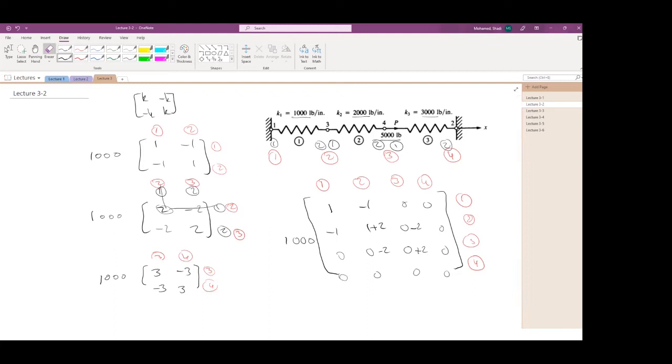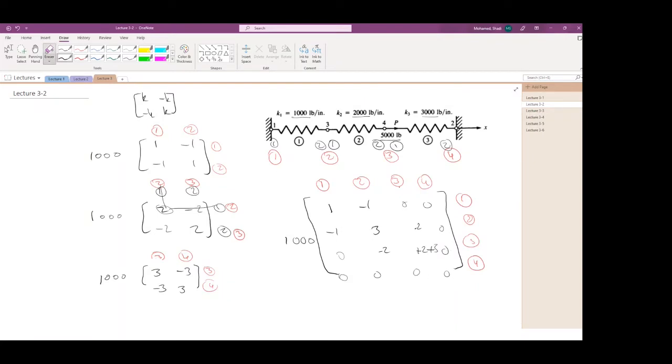So I'll just write them down. I'll write these as 3. And then if you look into the last one, you have a 3 and 3, 3 here and 3 here. So this is added to 3. And then you have -3, 3, and 3.